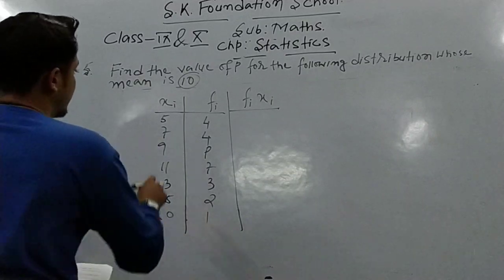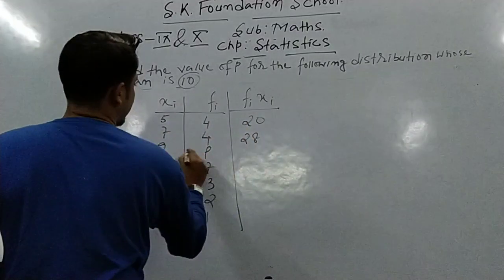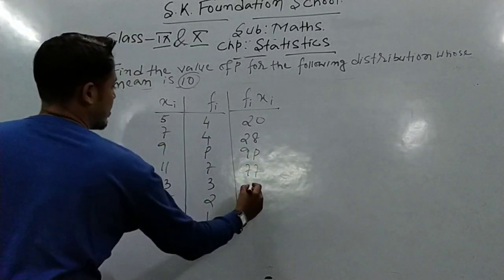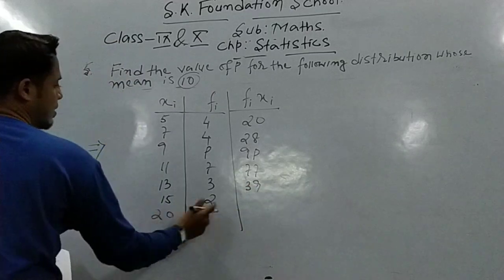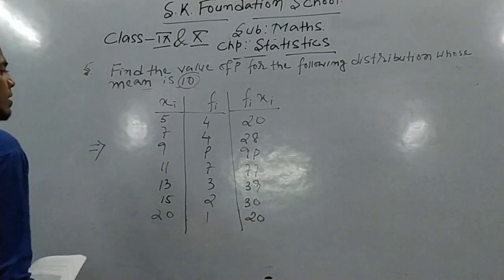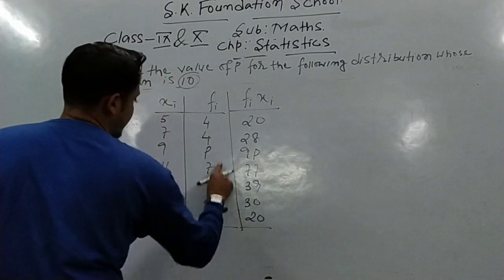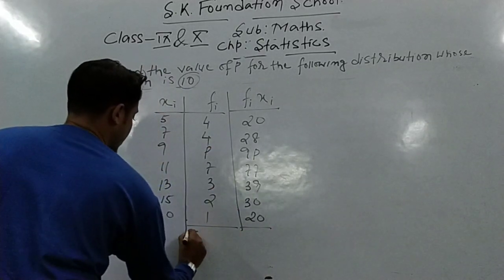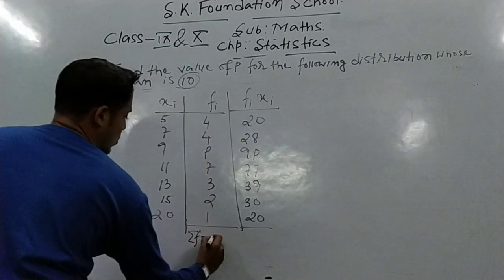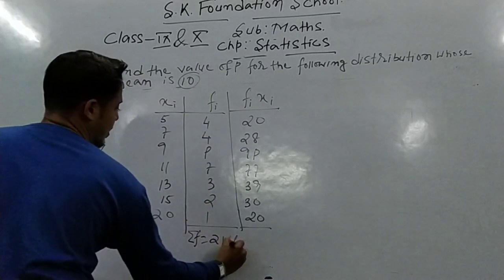So 5 fours are 20, then 28, then 9p, 77, 39, 30 and 20. Then we add these numbers, that means the summation of f equals 21 plus p.